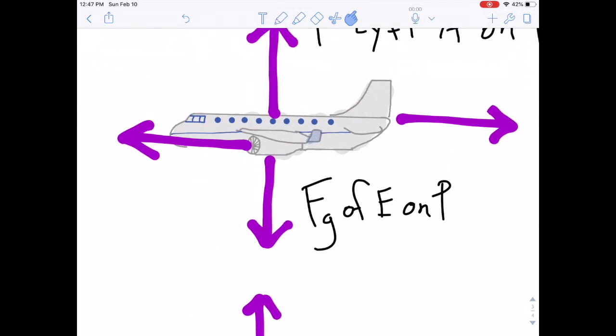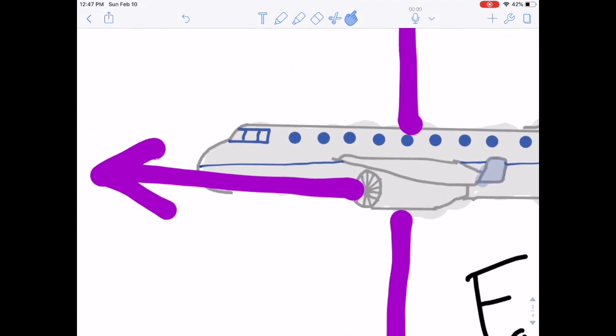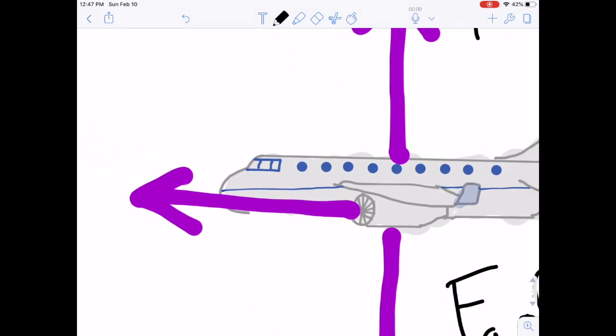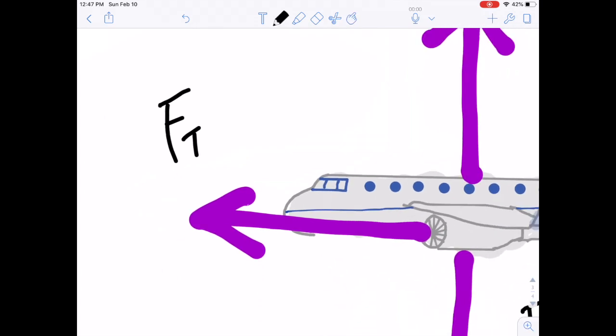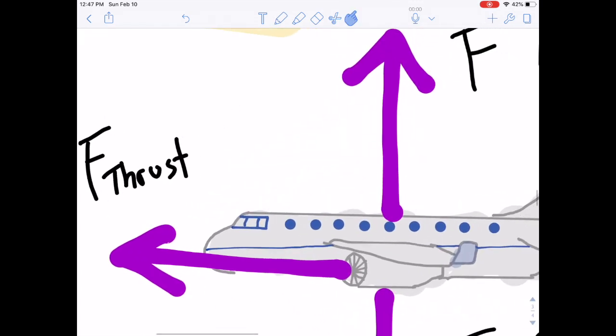Now we also have this forward force. When we're talking about planes, this is just plane specific forces. We often call this thrust. Let me zoom in again. Thrust. Force thrust. And that's caused by the plane pushing on air and the air pushing back on the plane because of the propellers or maybe the jet.